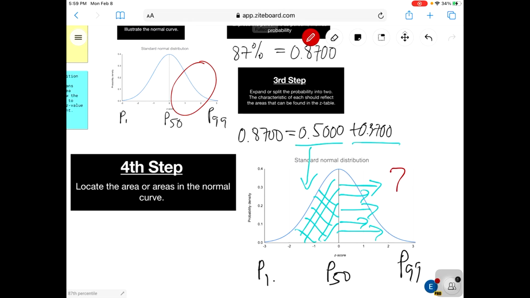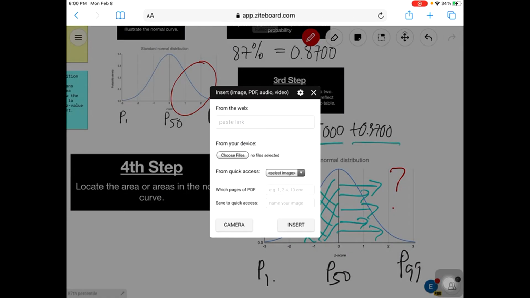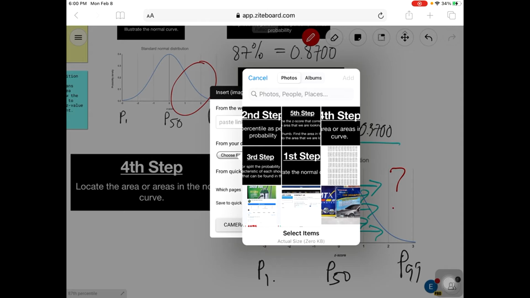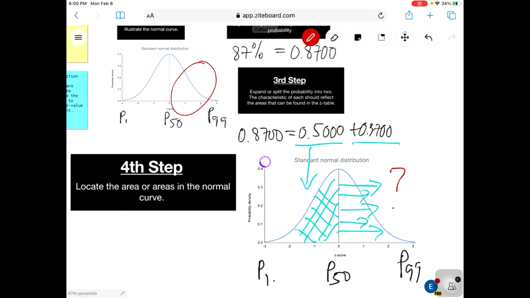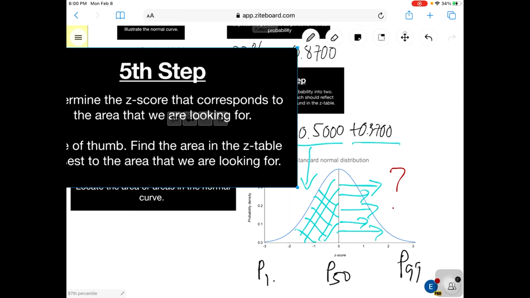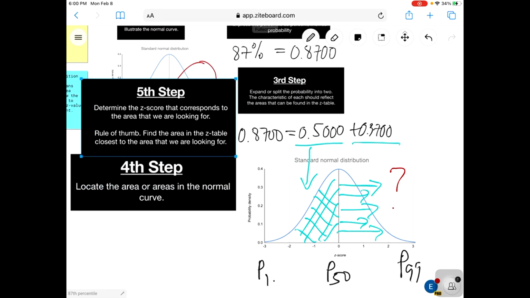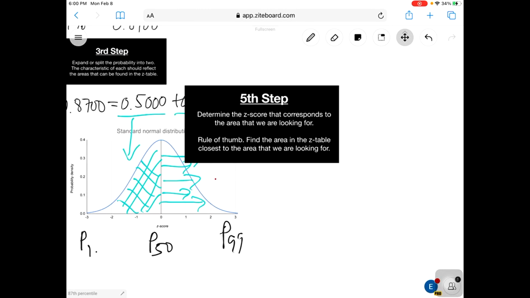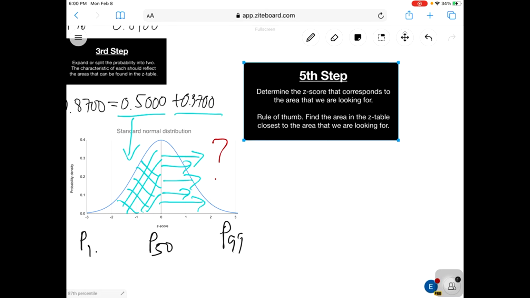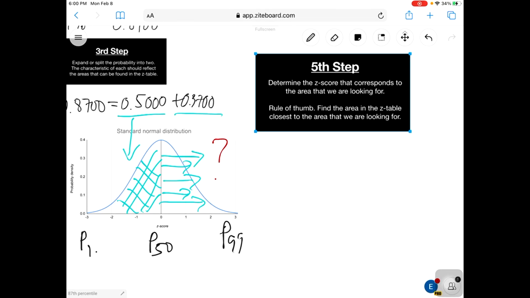But we're not sure yet what the z-score is that would represent the missing area, 0.3700. Now it leads us to the fifth step, which is to determine the z-score that corresponds to the area that we're looking for.